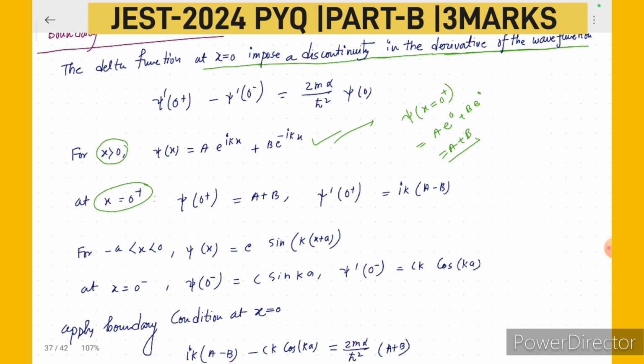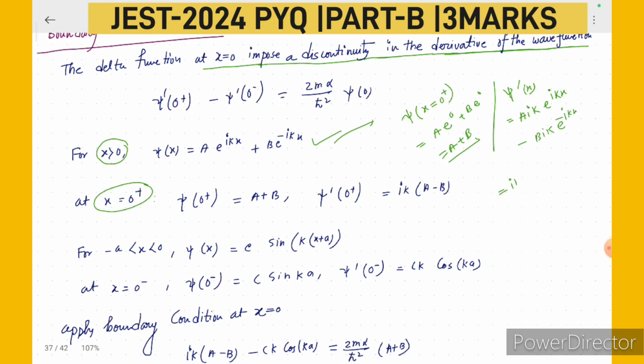Similarly for its derivative, psi prime of x equals A ik e to the power ikx minus B ik e to the power minus ikx.